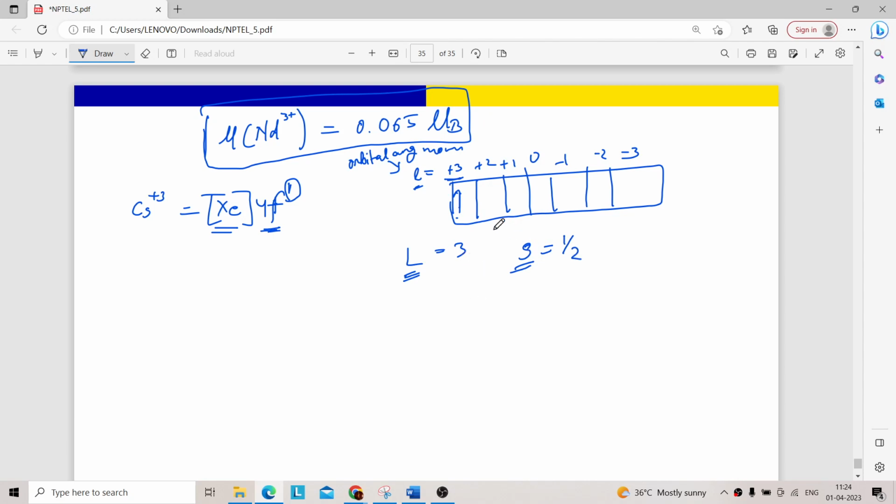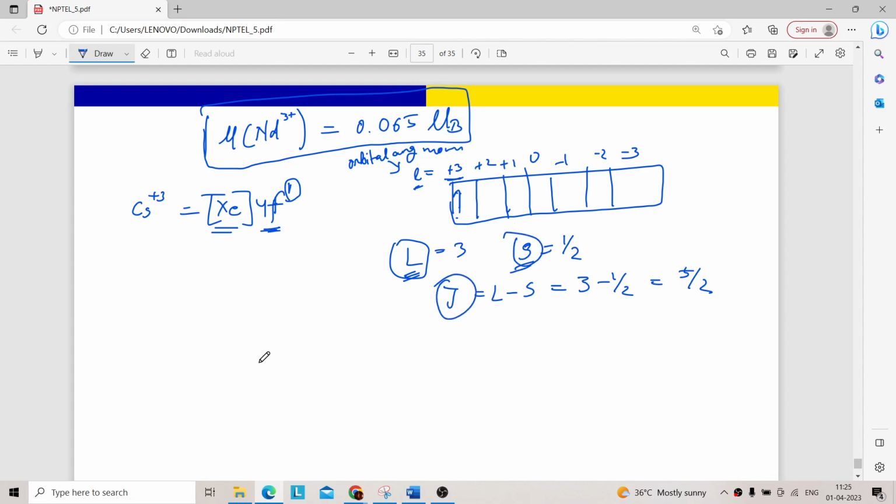Now you see, less than half of the cells are filled. So what will be the J formula? J will be L minus S. So this will be 3 minus half, which is 5/2. So we got L, we got S, we got J.